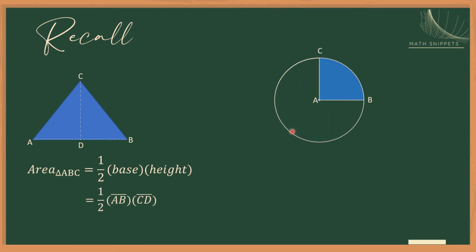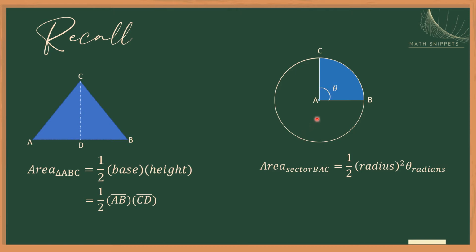Now, suppose we have a sector ABC on the circle centered at point A. So for this case, the area of the sector is given by 1/2 times the square of the radius times the value of theta in radians.